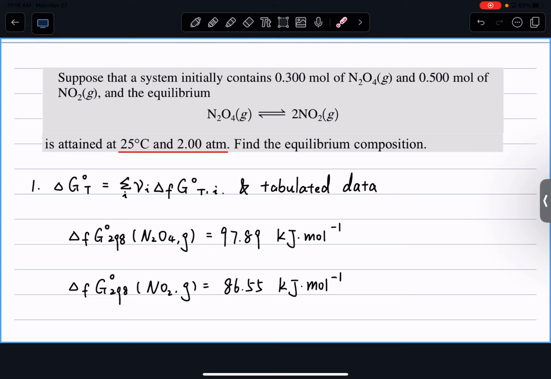So this one is for my NO2 gas, minus 1 times your N2O4, which is 97.89, and these are in kilojoules per mole. I think this number is wrong there, so let me correct that.